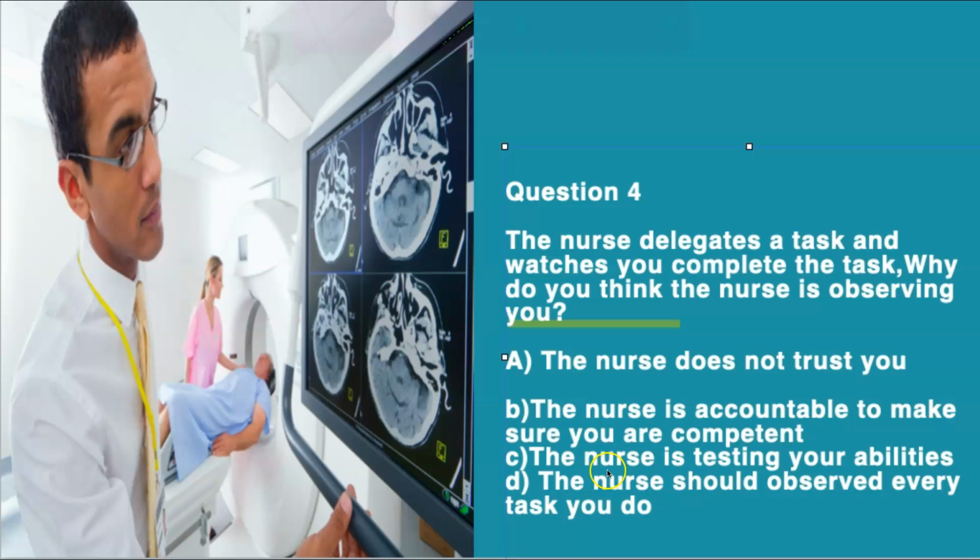So the moment is up, and the correct answer is the nurse is accountable to make sure you are competent. You are working under her license, therefore she has to ensure that you're doing the task correctly. So B is the correct answer for question 4.